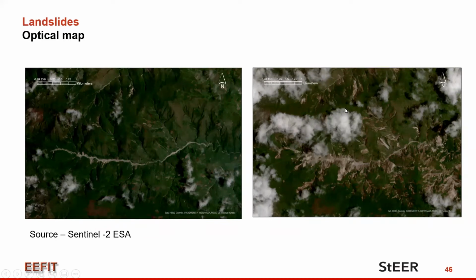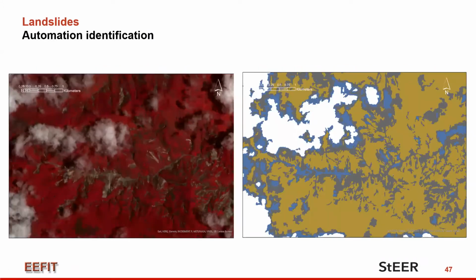So one of the aims of the assessment was to see whether we could automate the system. Due to the number of landslides that were identified, we looked to see whether we could automate the system using GIS and remote sensing techniques to extract them from the landscape using optical change.